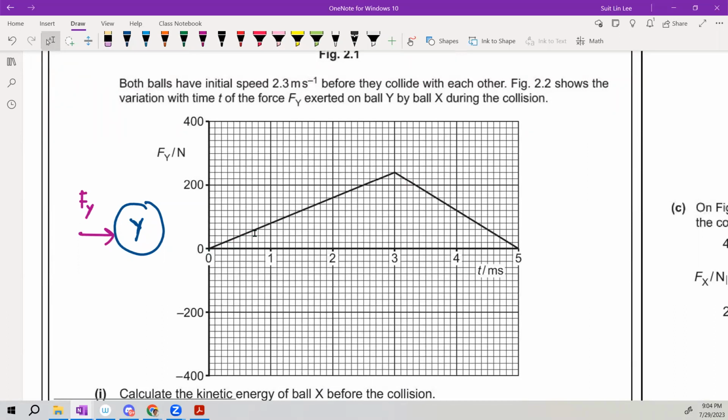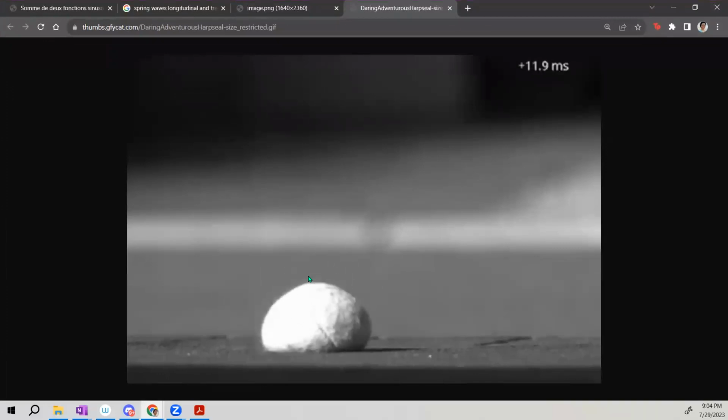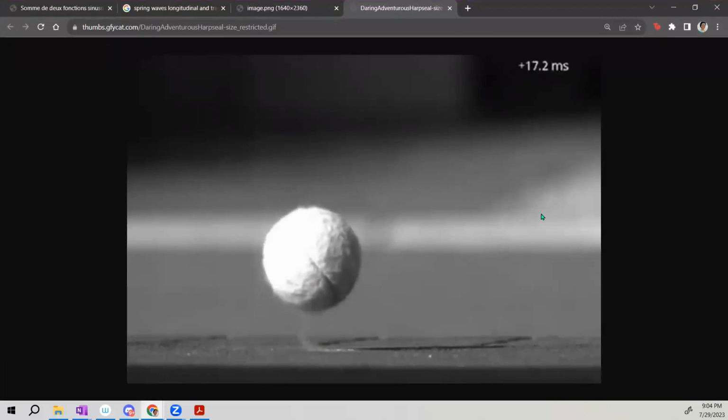The reason why the force increases then decreases is because oftentimes when a collision happens, you will expect to see a deformation that looks kind of like this. So the ball is compressed, compressed, compressed, and the ball expands back.